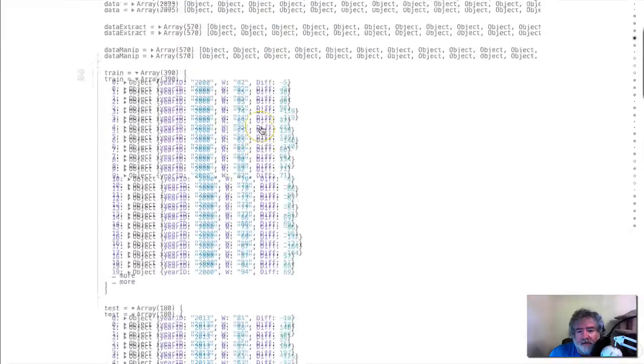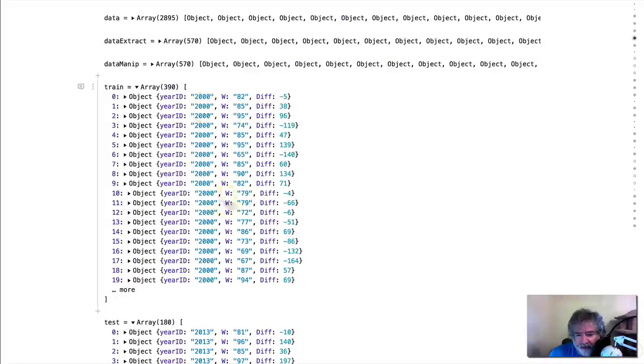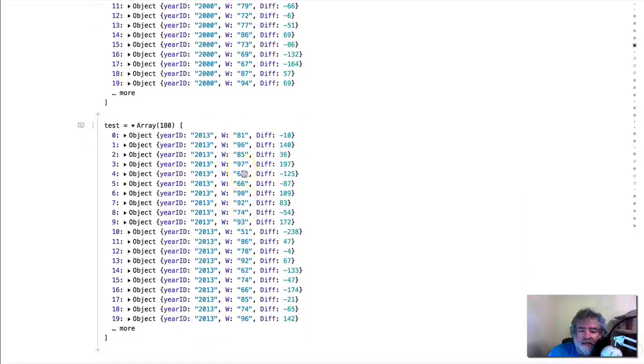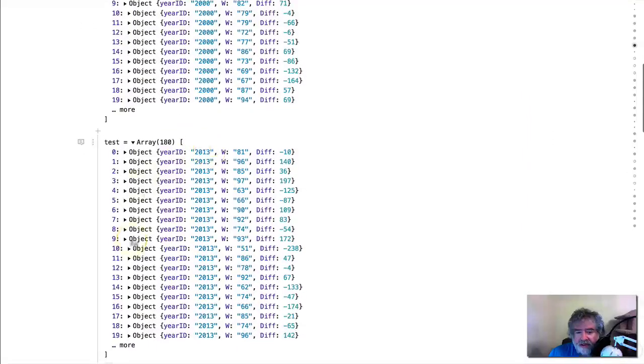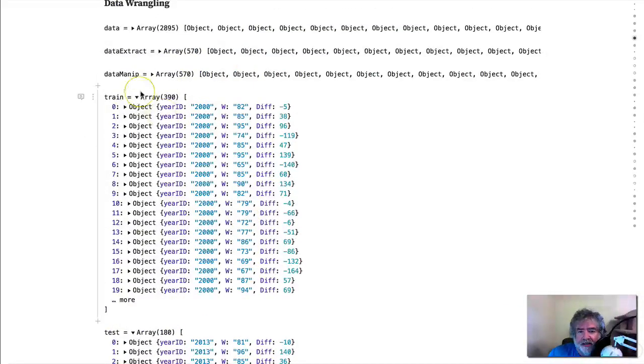So this goes from 2000 to 2012, all the records from those years, and this is 2013 and beyond. What I'll do is figure out the estimate with this set, and then test to see how well it does on this future data set. Okay?